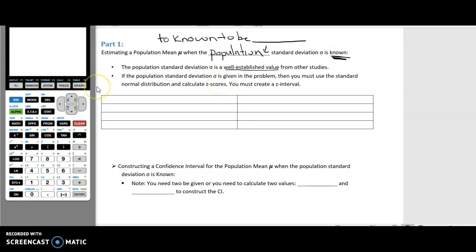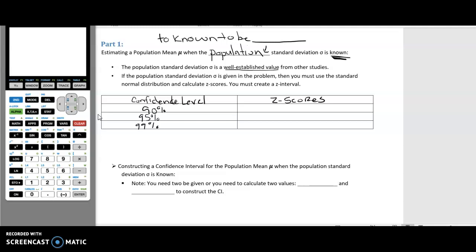So just to go back over, we already used these values in the previous section when we were creating confidence intervals with proportions, right? So remember, your z-scores are based off of your confidence level, right? And so our three main confidence levels were 90%, 95%, and 99%.